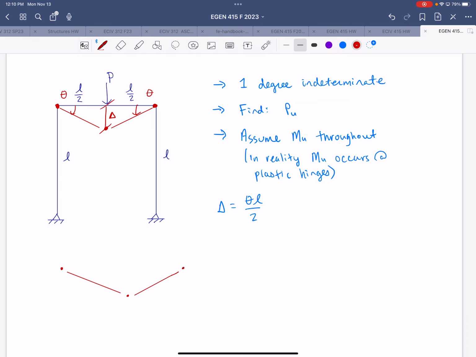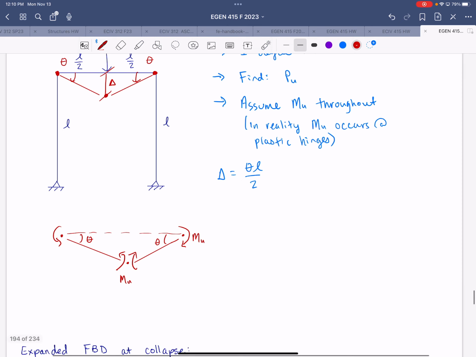So we have ultimate moment MU at each plastic hinge. The directions that the moments are acting will always be in the direction that would work to restore the collapsed condition to the original uncollapsed state.